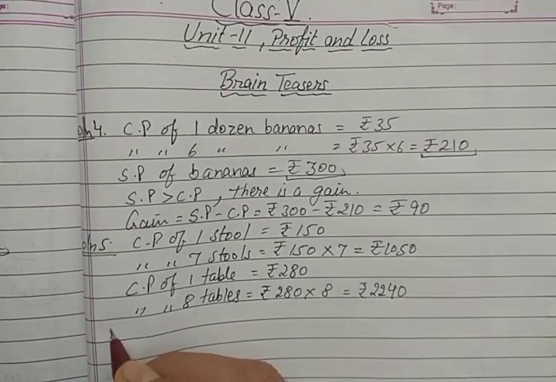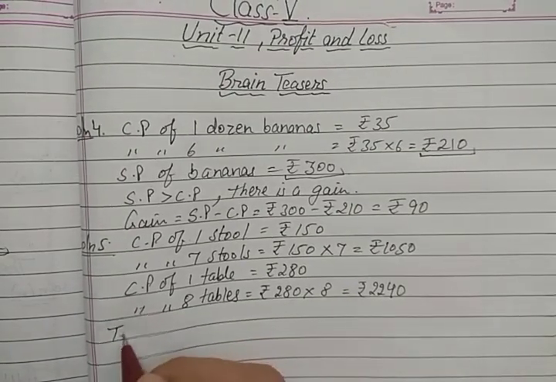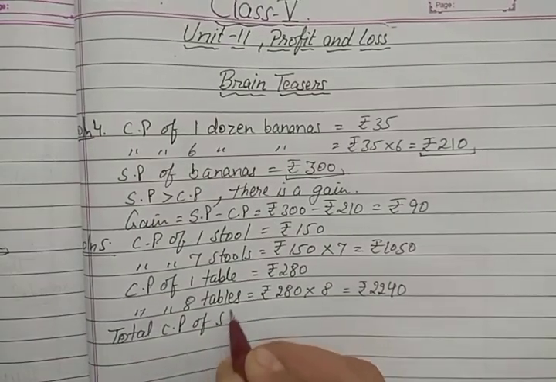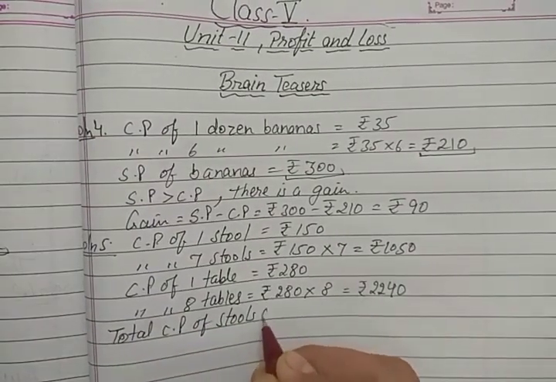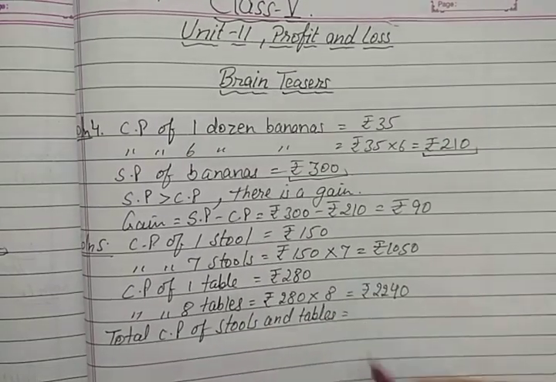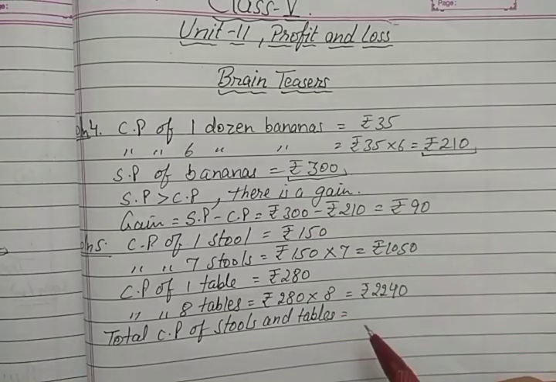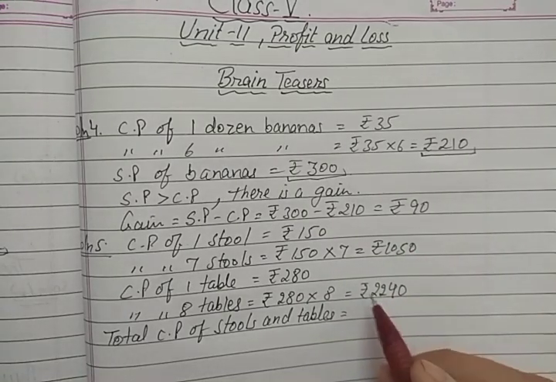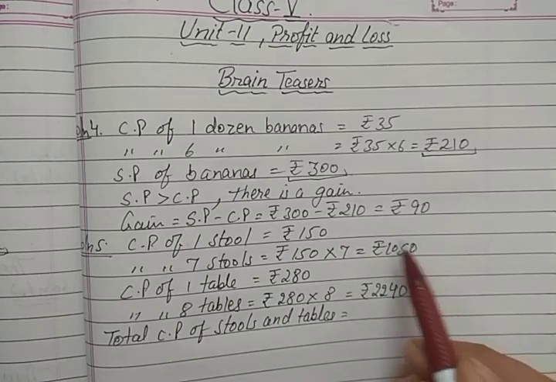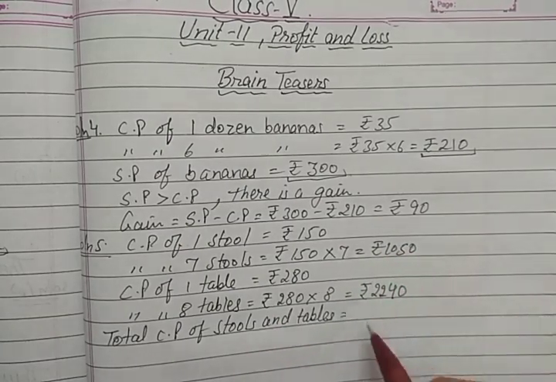Now the total cost price of stools and tables. So what you have to do, you have to add these two, right? ऐड करेंगे तभी हमें टोटल मिलेगा, क्योंकि 7 स्टूल्स का इतना है और 8 टेबल्स का इतना प्राइस है, तो हमें टोटल प्राइस निकालना है इनका, कॉस्ट प्राइस.